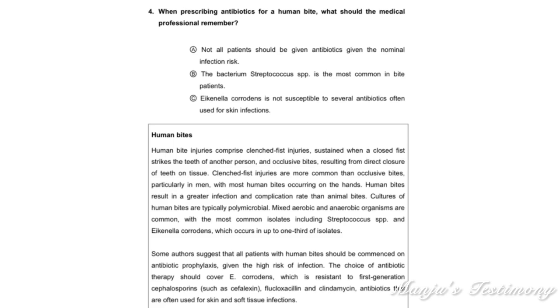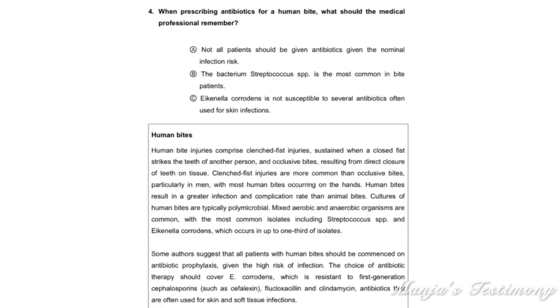Human bites result in a greater infection and complication rate than animal bites. Cultured human bites are typically polymicrobial. Mixed aerobic and anaerobic organisms are common, with the most common isolates including Streptococcus species and Eikenella corrodens, which occurs in up to one third of isolates.